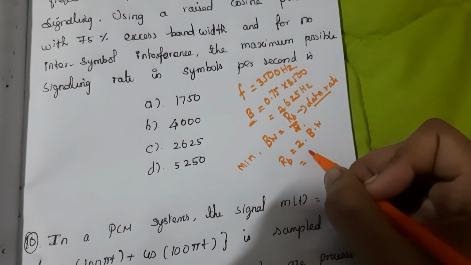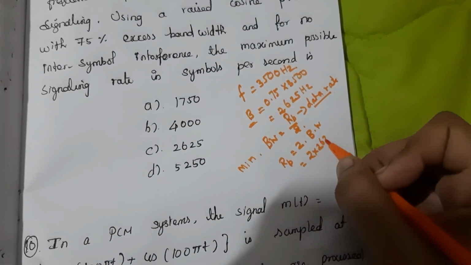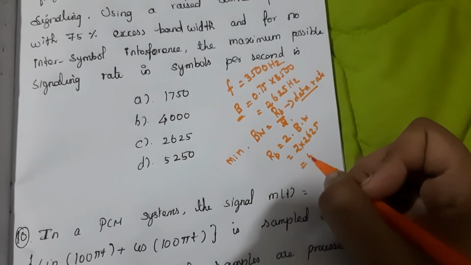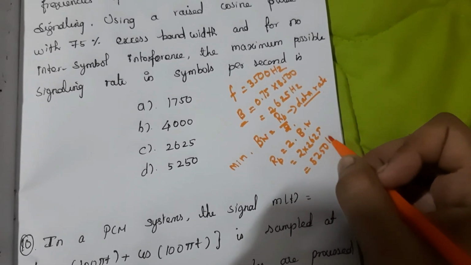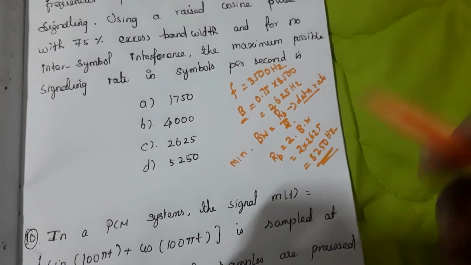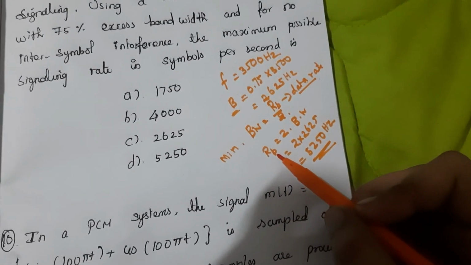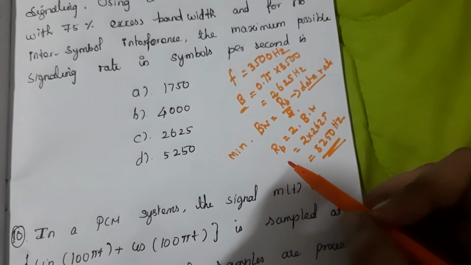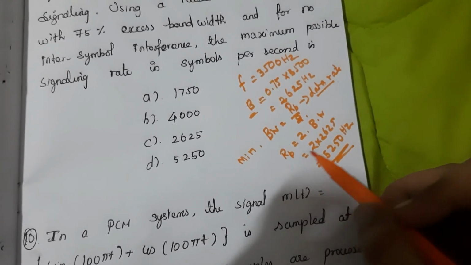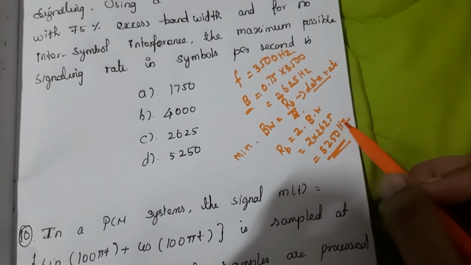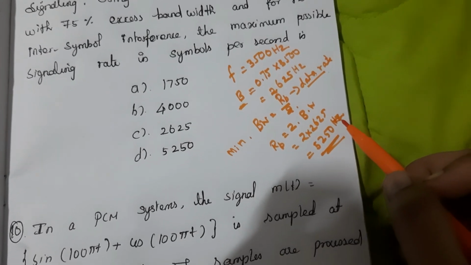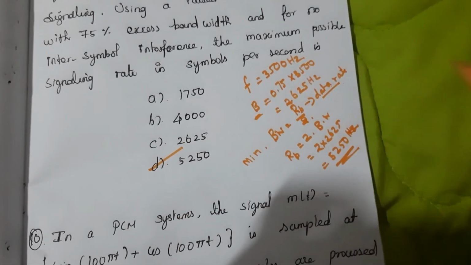So this RB value is now 2 into 2625. So the answer here is 5250, and this is the data rate. So answer here is D.